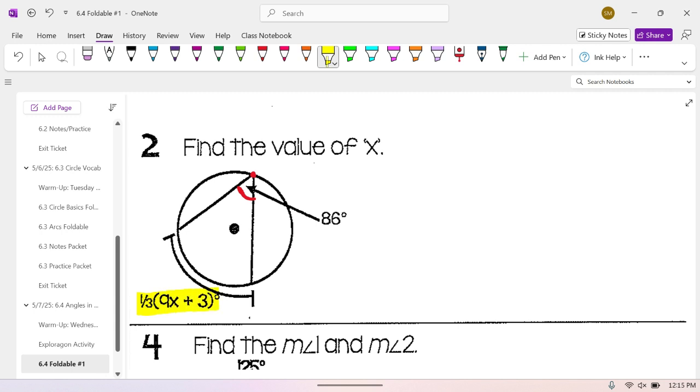It wants us to find the value of X. So in other words, we have to solve for X. Using the information that I know about inscribed angles and its intercepted arc, how can I set up an equation to help me solve for X?